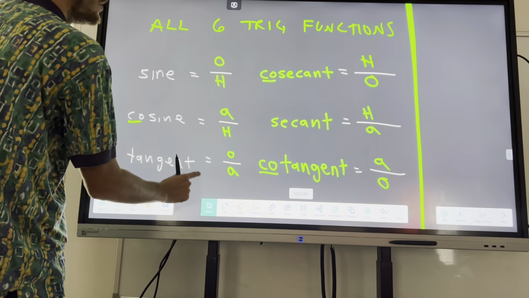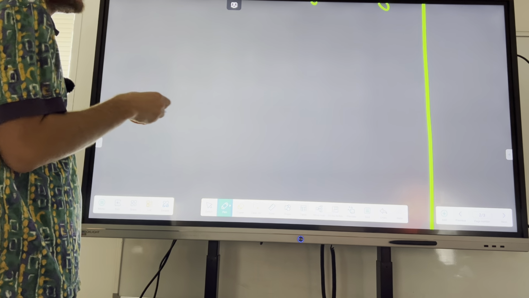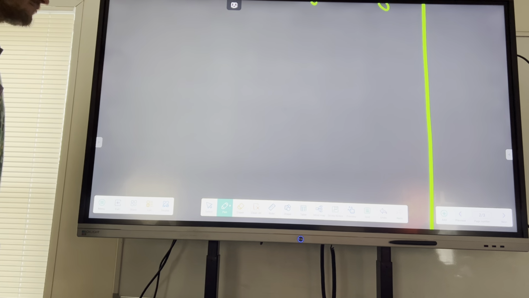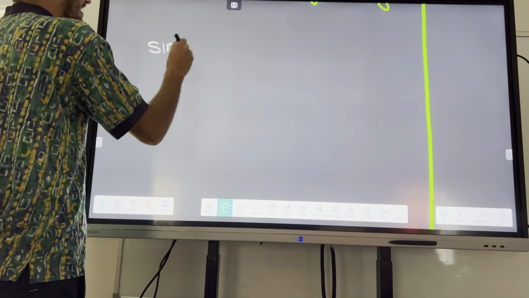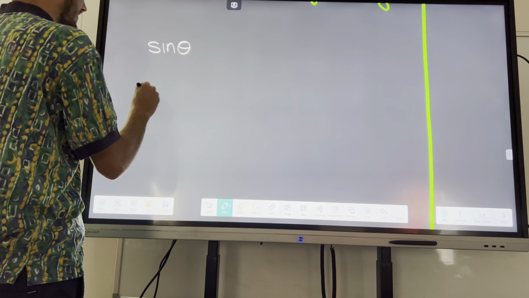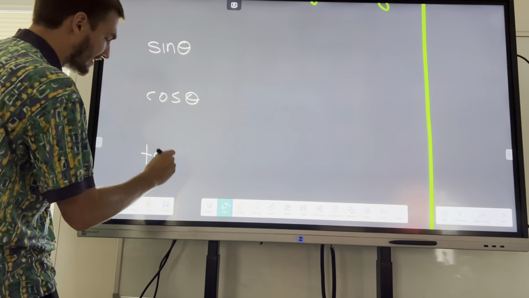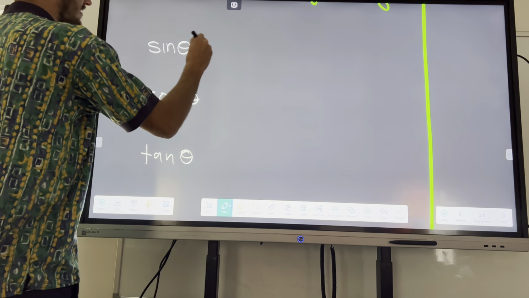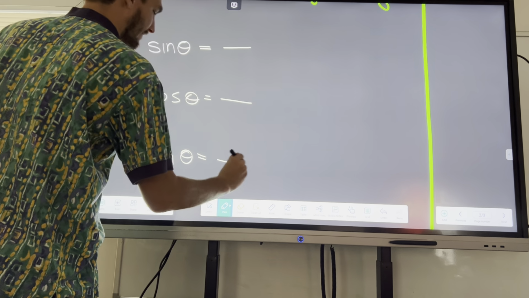What we're going to do now, I'm going to move this all away. I would recommend maybe don't look at your paper too much here. We've got sine of theta. We've got cosine of theta. And we've got tangent of theta. And we have these memorized, right?